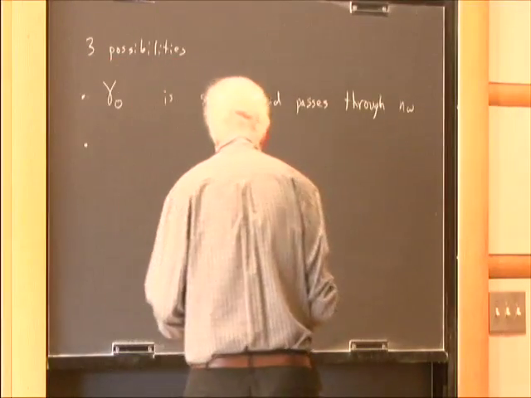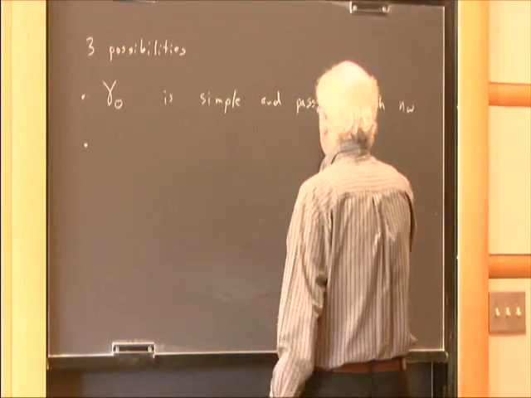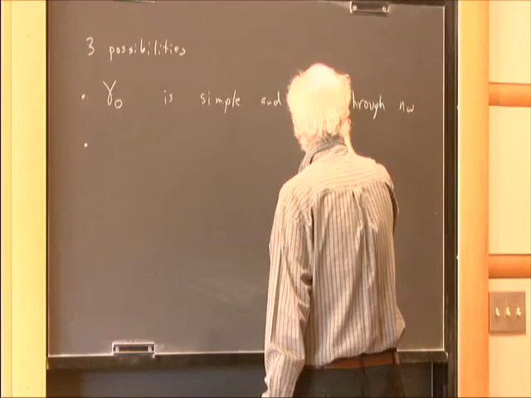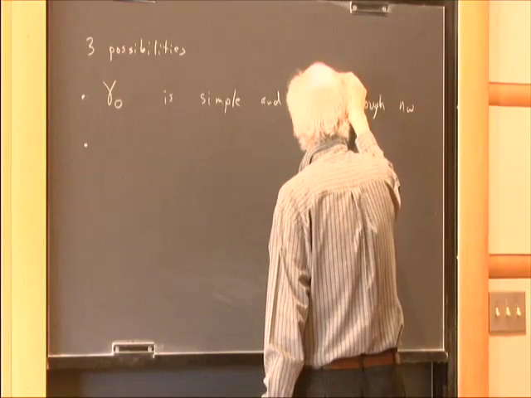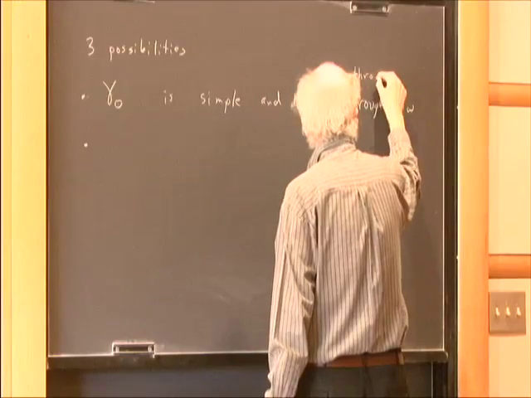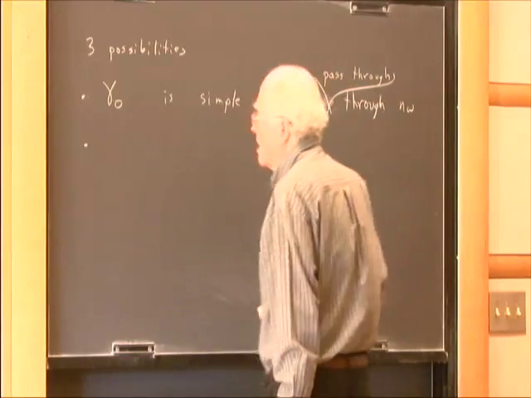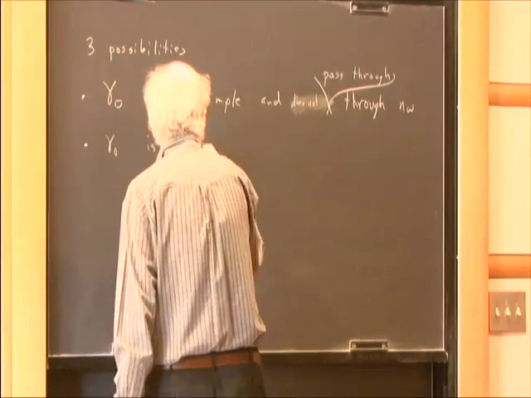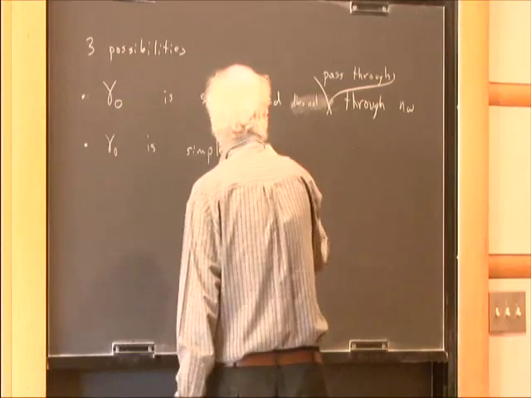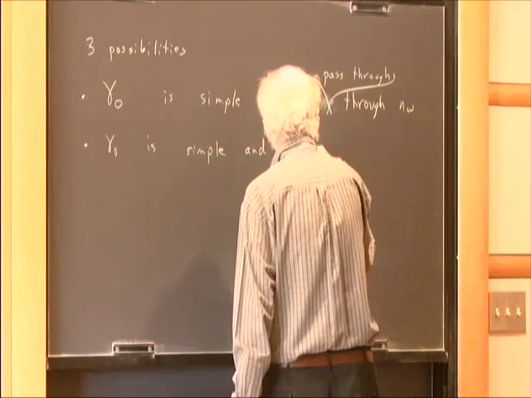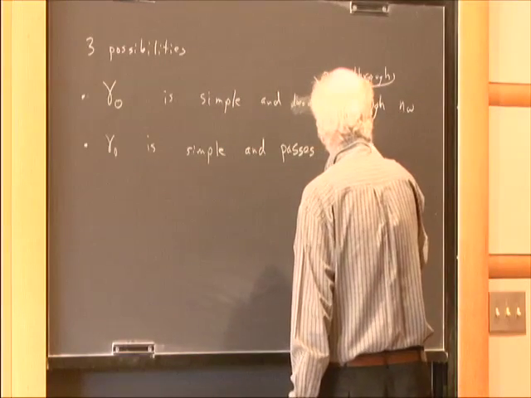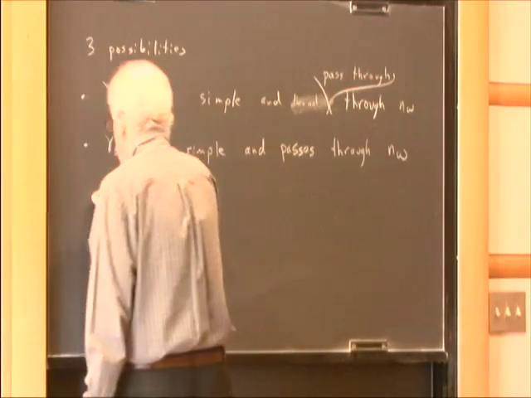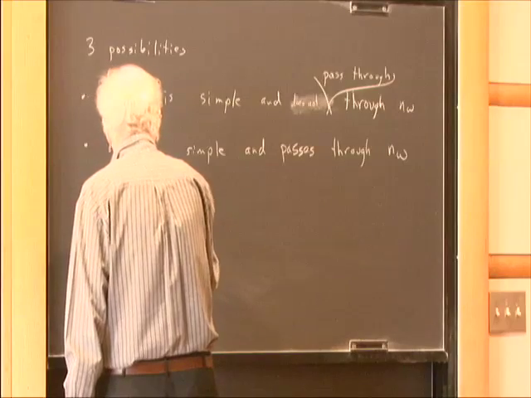And, sorry, and does not pass through. Gamma 0 is simple and passes through n omega. And gamma 0 is not simple.